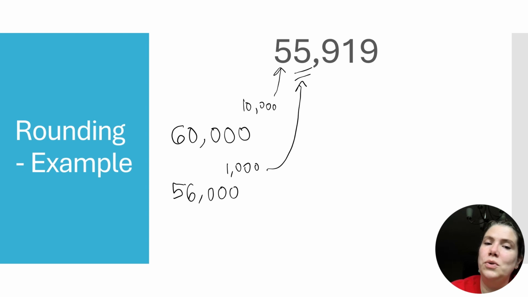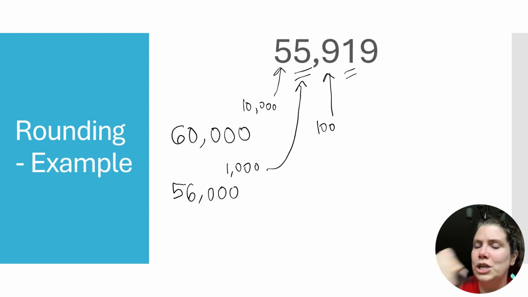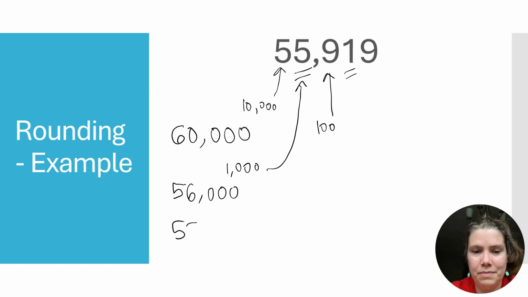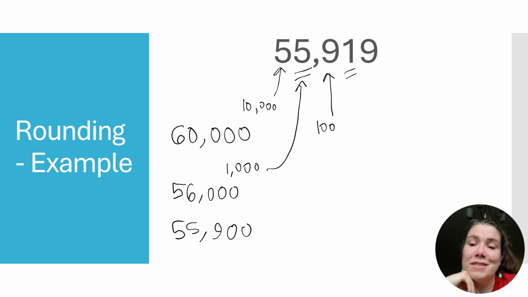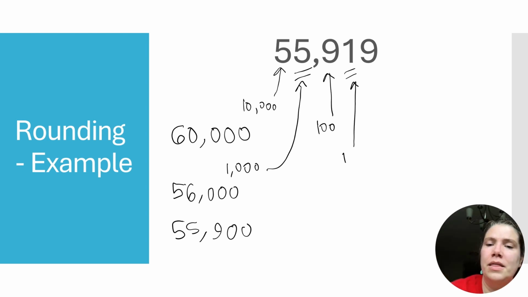Continuing on to the hundreds place. How would we round this to the nearest 100? Here's my hundreds place. I'm going to look at the adjacent number, which is a 1. So this guy's going to get rounded down. So 55,900. It's closer to that than it is to the next one up, which is 56,000 and no hundreds. If I was rounding to my nearest 10, then I'm going to look at the adjacent one, the 9.